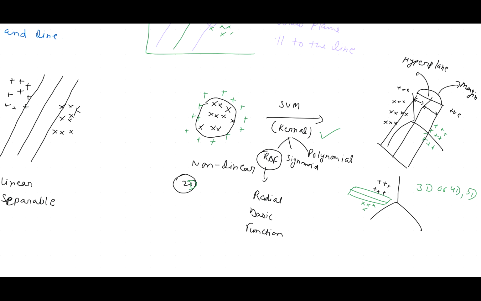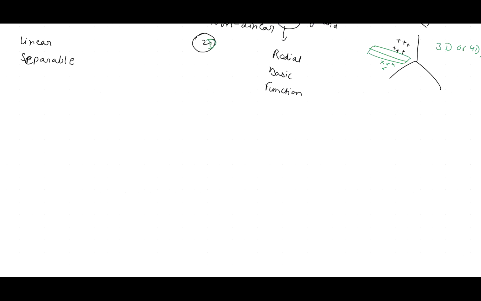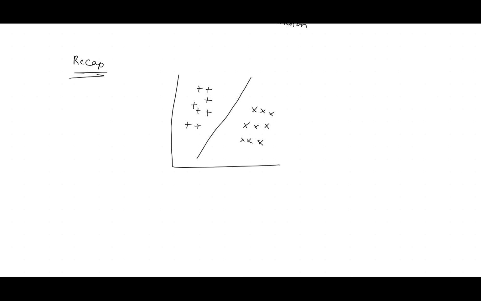Now I will give you a recap at the end, before we jump to the practical example. Again, this is your data points. We can take it as cross. What is this? Drop a comment now. What is this that I'm drawing right now?